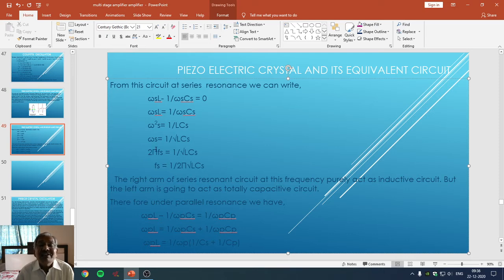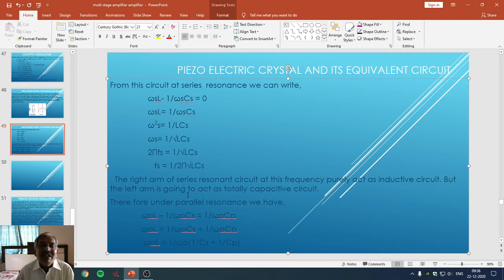When you connect this crystal in place of inductance, it undergoes the series resonance only when it acts as an inductive circuit. This frequency is going to be generated only when the right part acts as a purely inductive circuit. Means especially in a Hartley oscillator, or in a Colpitts oscillator, if you replace that inductance by a crystal, then such a type of frequency is going to be generated.